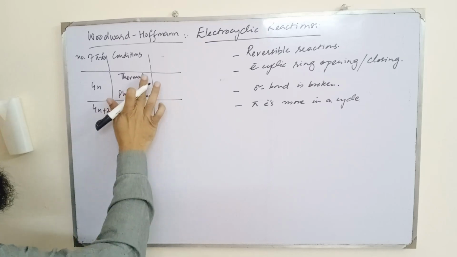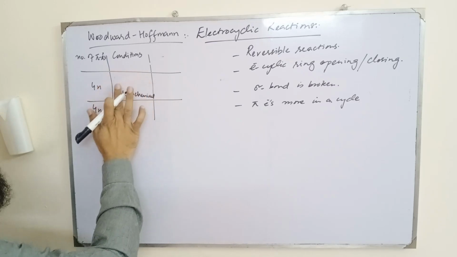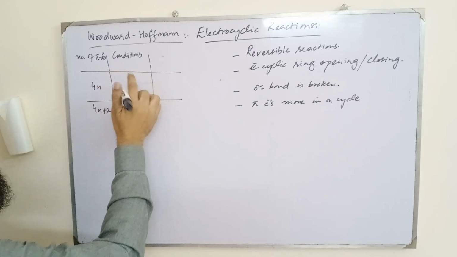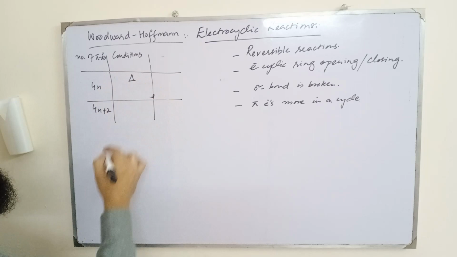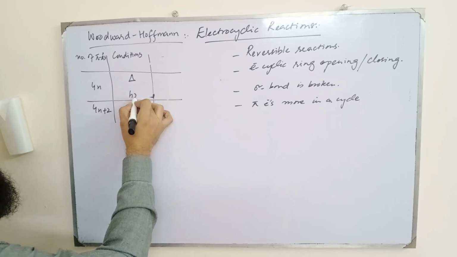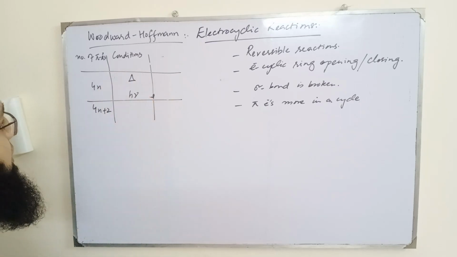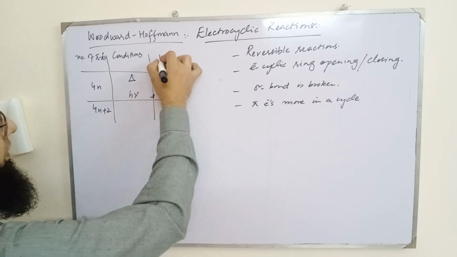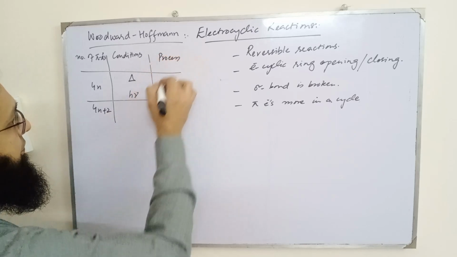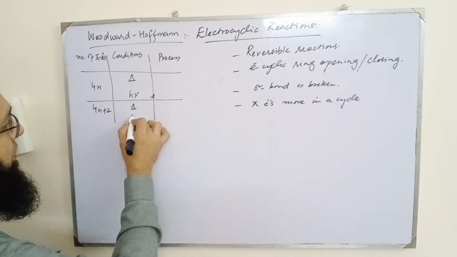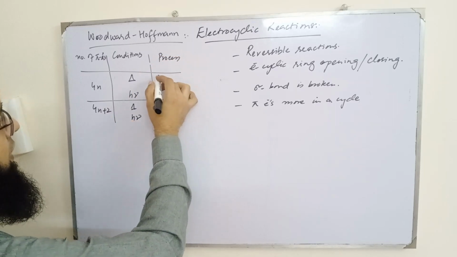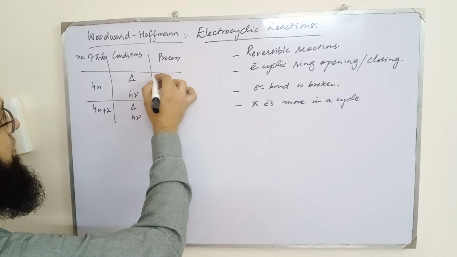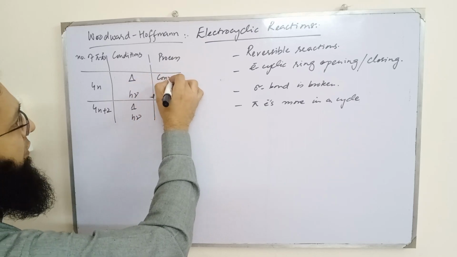We can also use the symbols here. This stands for thermal, heat, and heat provides the activation energy, and this is photochemical. And here would be the process, here again thermal, photochemical. Under thermal conditions we will have a conrotatory process.